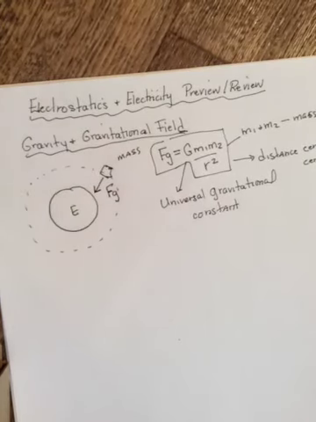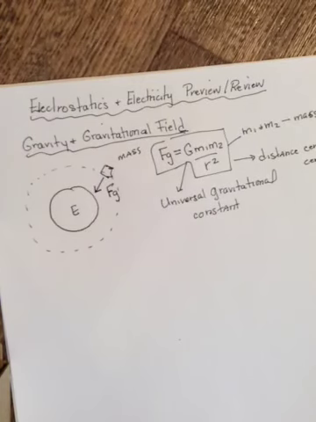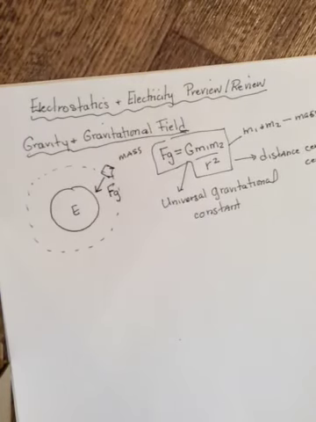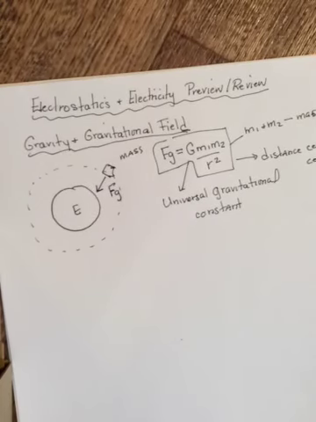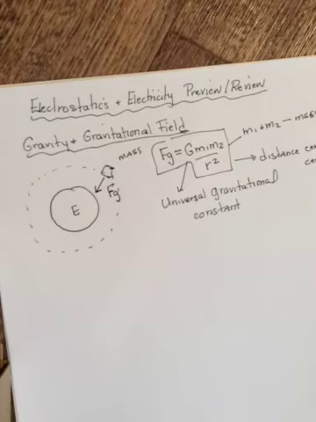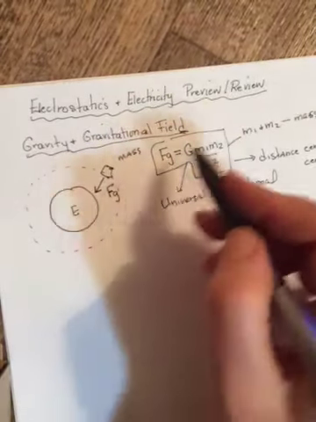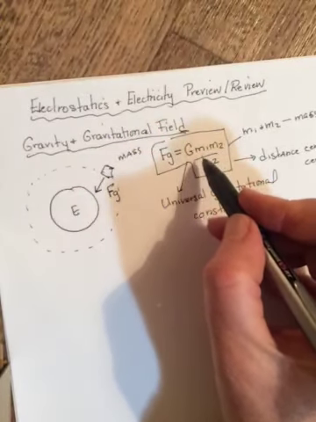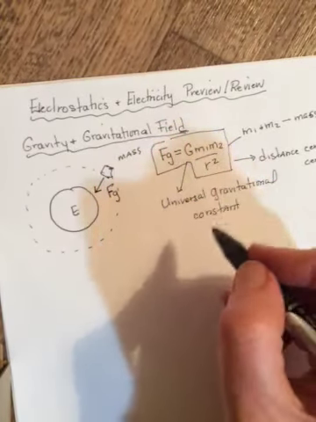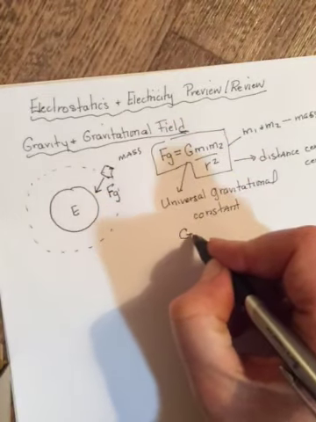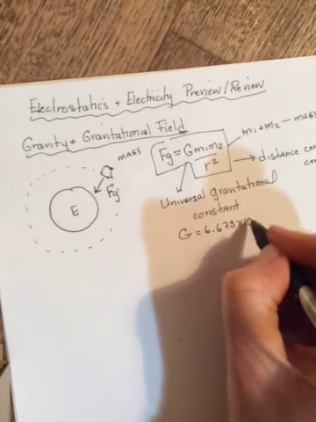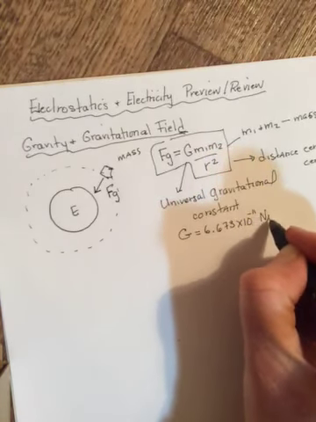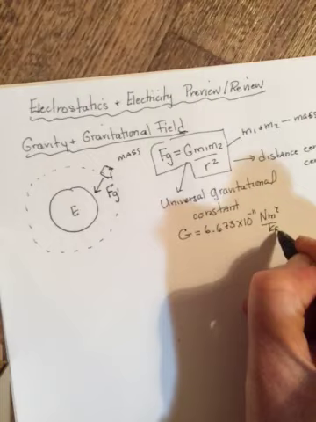So we all have a gravitational field around ourselves, and if another object with mass enters into that field, it's going to experience a force inward, a gravitational force of attraction, we would say. But if you think about it, our masses are really tiny. This universal constant, G, is equal to 6.673 times 10 to the negative 11 newton meters squared per kilogram squared.